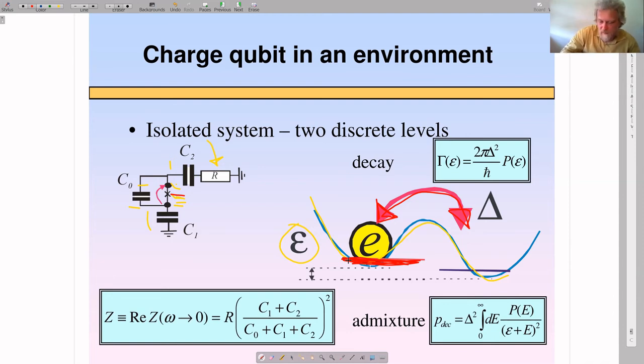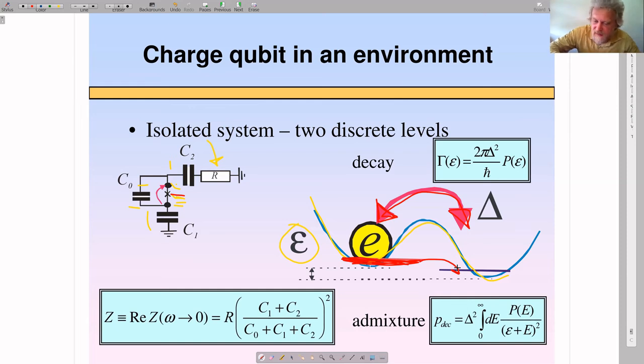It will go to the lower state, which is separated by energy bias epsilon. And the only way to go is to disperse this energy to the environment. That's how energy loss in the course of tunneling comes here.